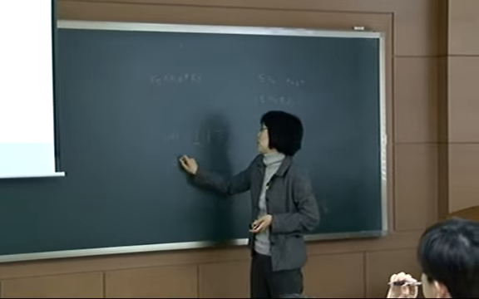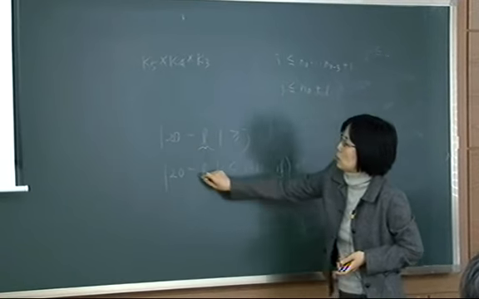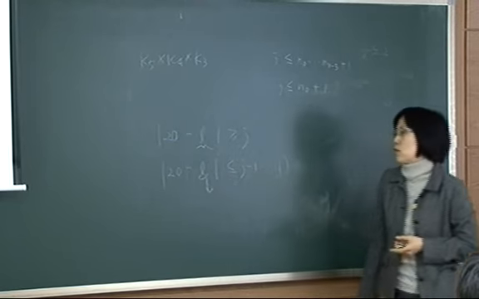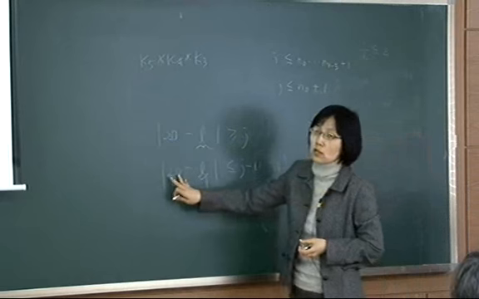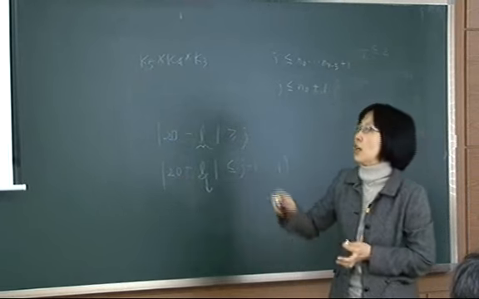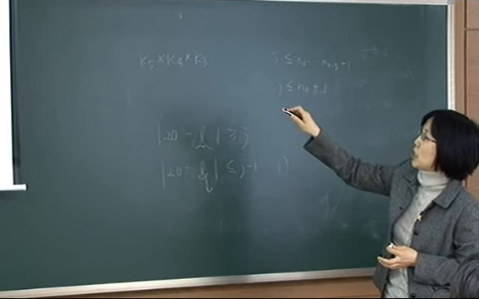But if L is J minus 1, then L should be the label of a vertex which is not adjacent with the vertex of this label 20.